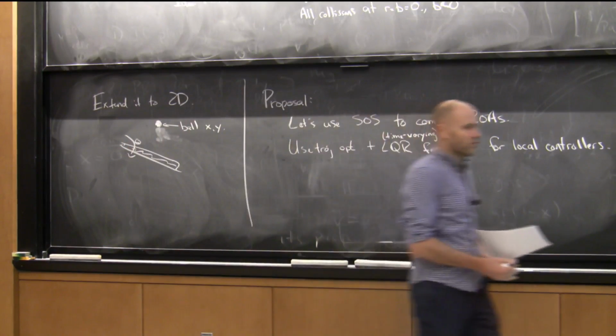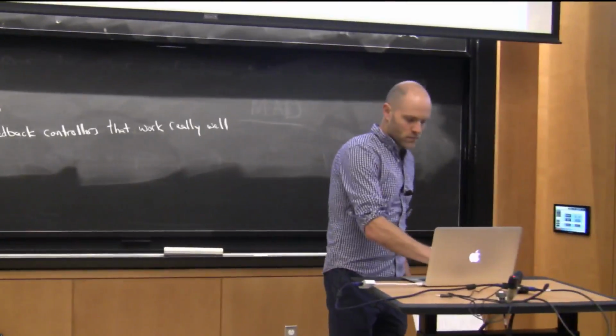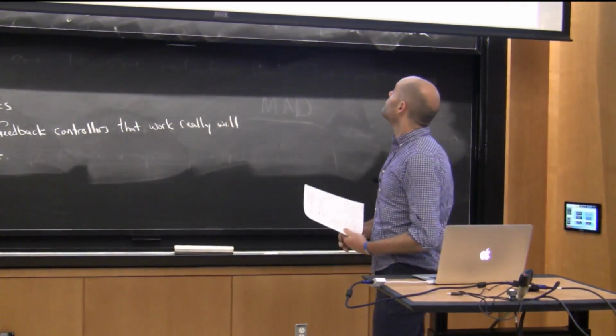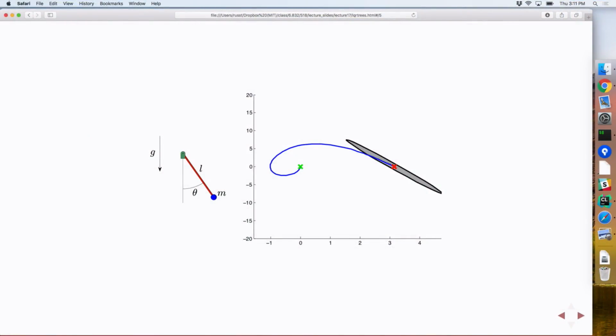So how does this play out on, for instance, the pendulum. Right, so this is the state space of my pendulum. That's my upright configuration. The gray region is the region of attraction of the LQR controller at the pendulum.